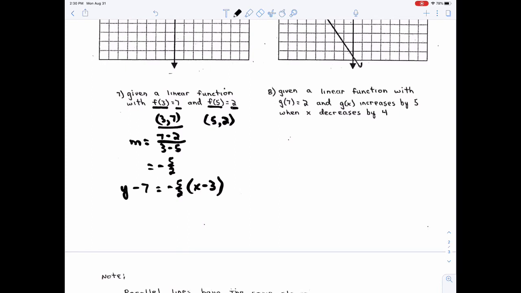So really, to write the correct answer for this, I'm just going to do this real quickly. I don't want to get bogged down in it. I'm going to distribute the -5/2, and then I'm going to add 7, which is 14 halves.